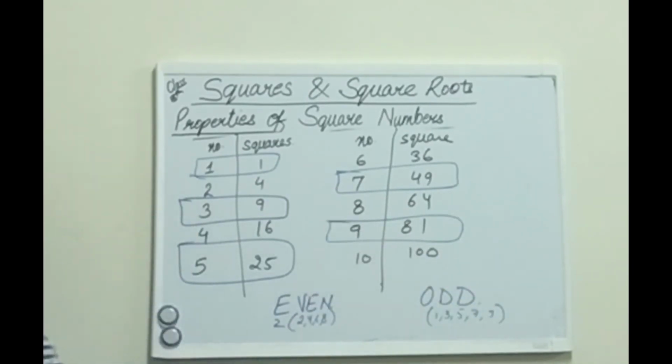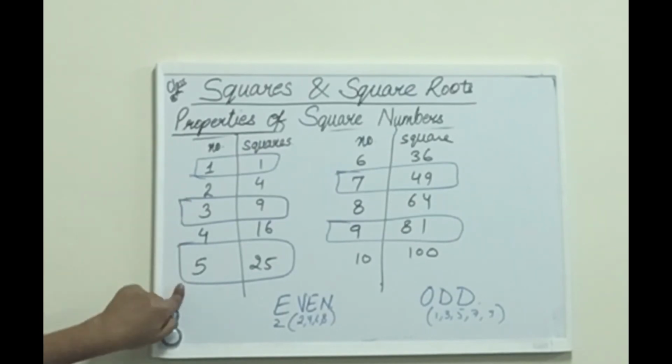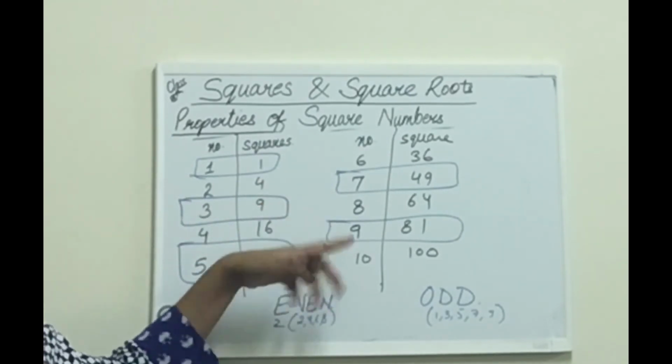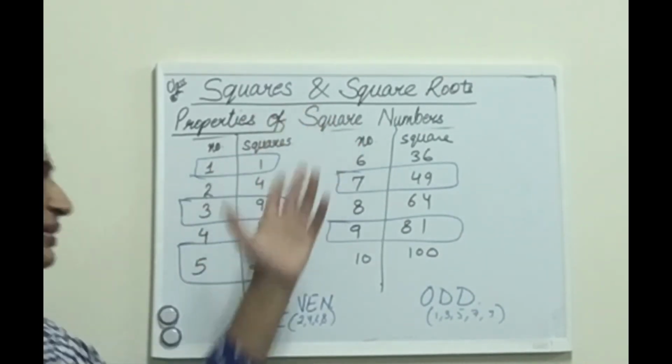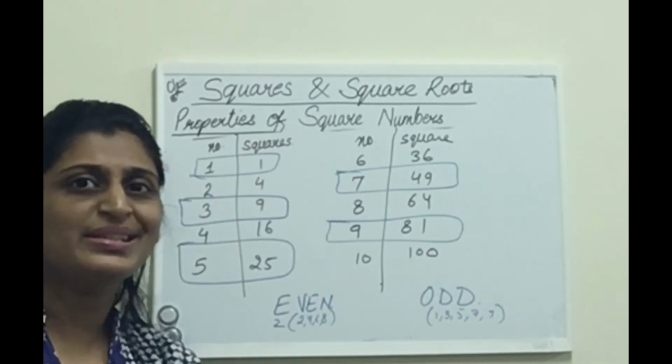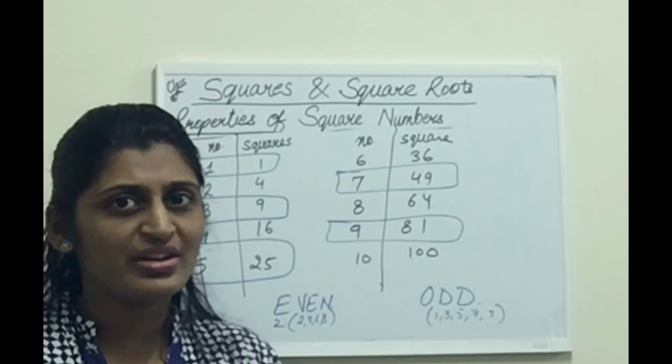And what is the square of 9? 81. Now you can guess what I want to say: the squares of odd numbers are odd and the squares of even numbers are even. So this is the very last property of square numbers.